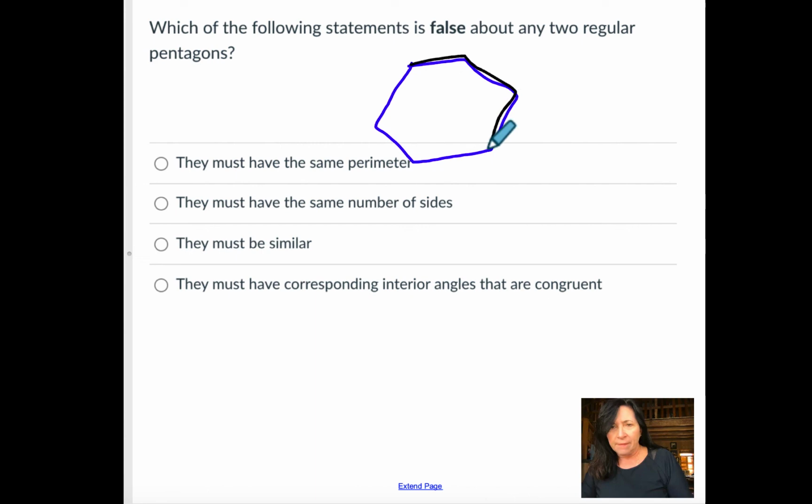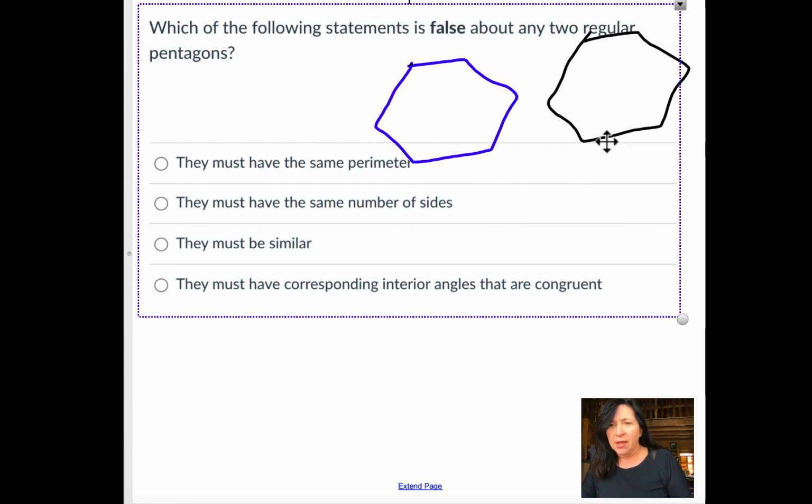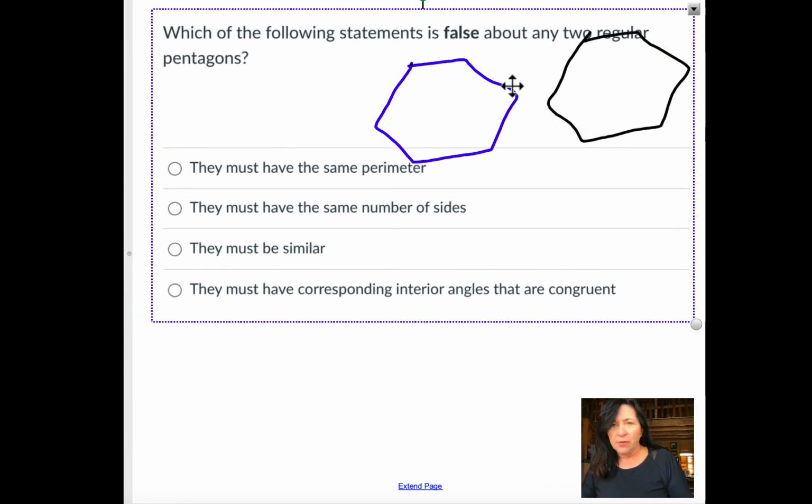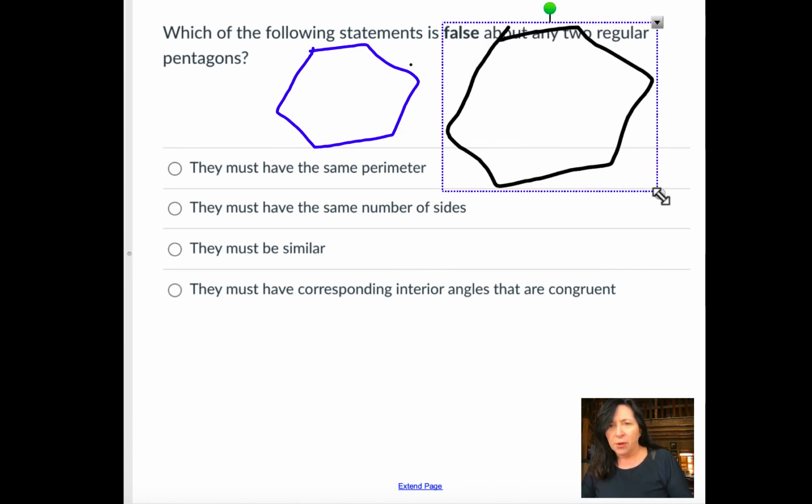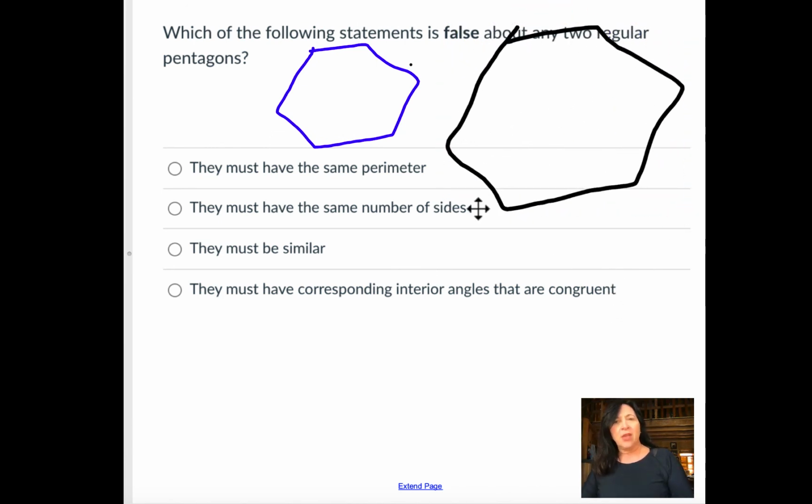Here's my hexagon again, and another one, which I'm going to make bigger. It didn't say that they were the same. It just says that they're regular.